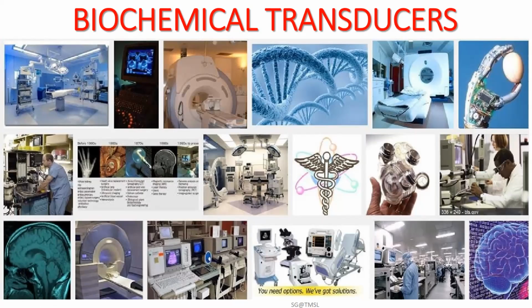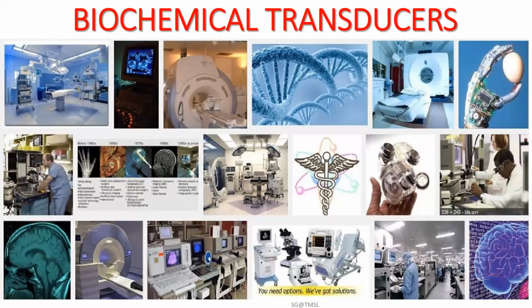So, biochemical transducers. Today's topic is based on the biochemical transducers. These are designed basically to measure the concentration of an ion or of a certain gas which is dissolved in blood or some other liquid.